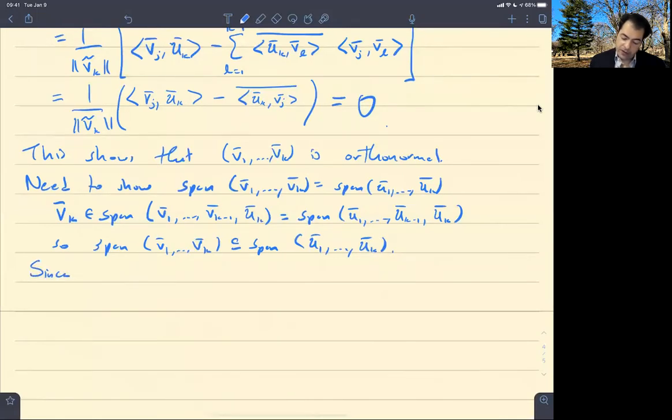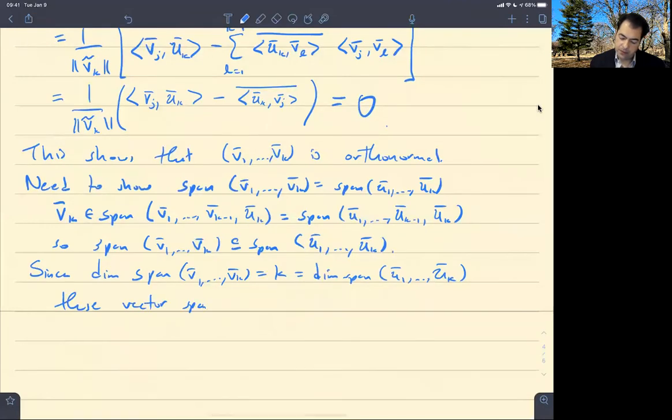Now, since the dimension of the span of V1 through Vk is equal to k, and that's equal to the dimension of the span of U1 through Uk, these vector spaces are equal.